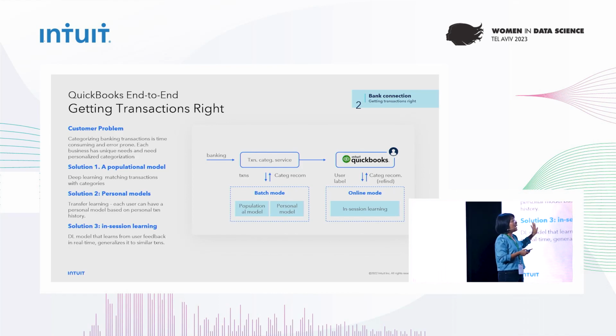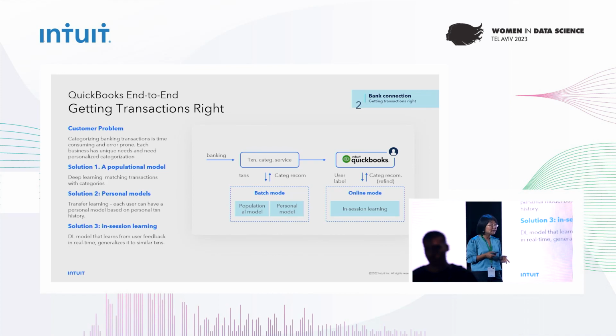So this is how our system works. The effect of this is that we elevate the recommendation accuracy by 12 percentage points. And overall, we are saving 4 million user hours for the categorization alone.